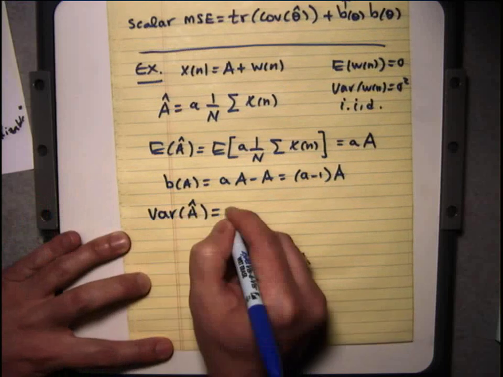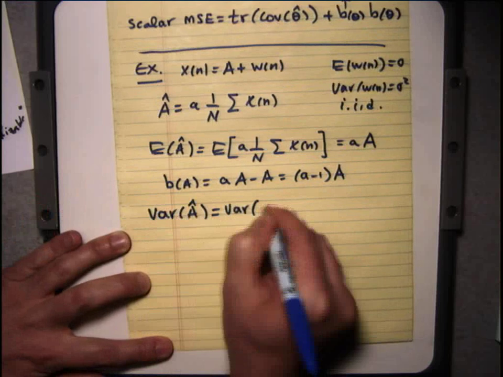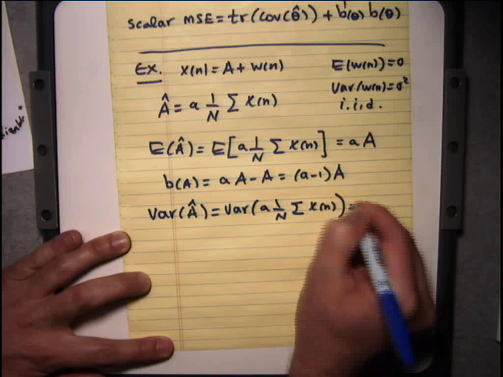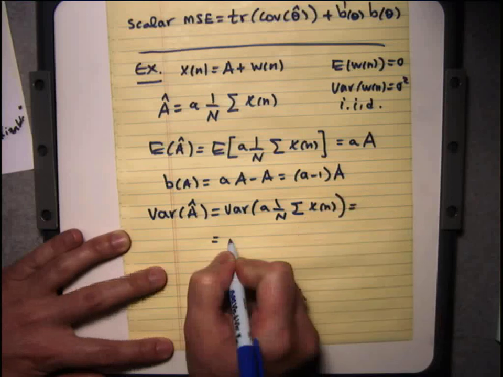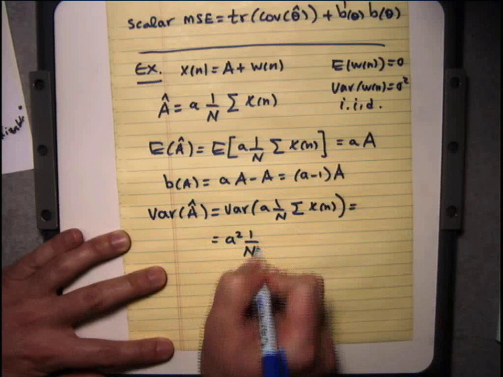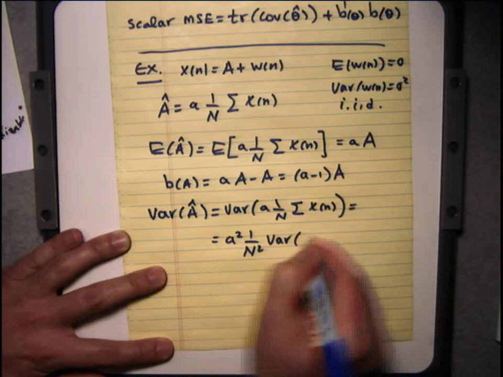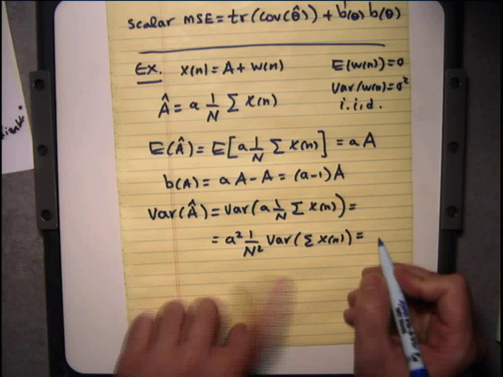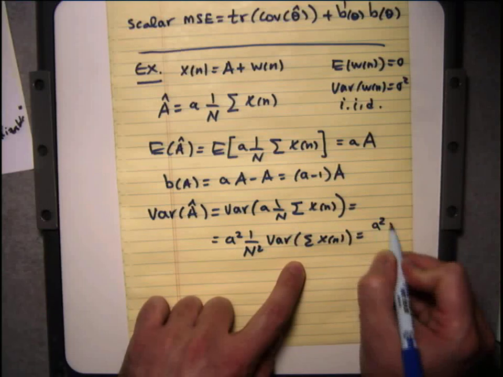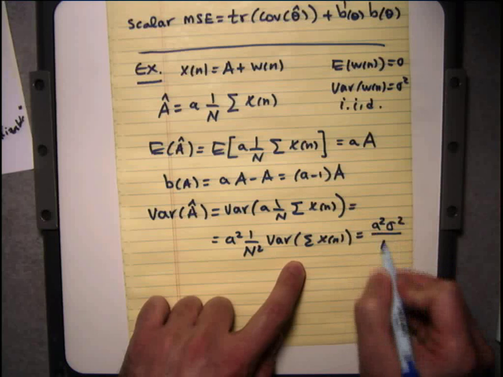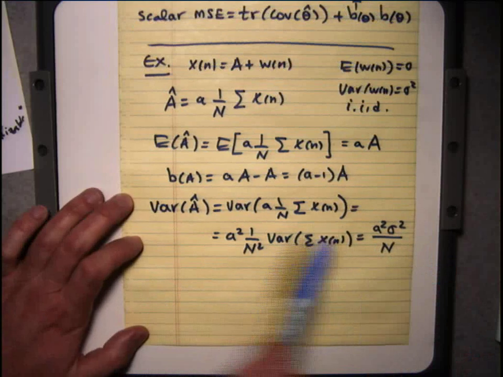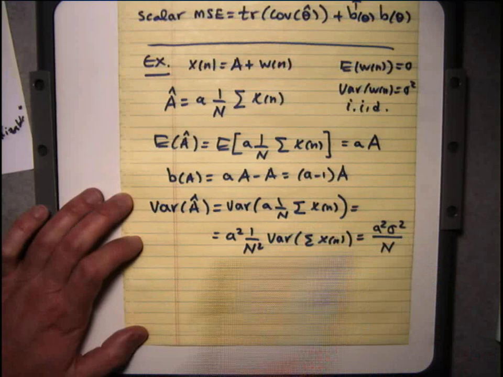All right, what about the variance? Variance of A hat, variance of a times 1 over n, sum x of n. So this is a squared, 1 over n squared, variance of the sum. You simplify this and you get a squared sigma squared over n, because this guy here is n times sigma squared, one of the n's cancels, and this is what you get.